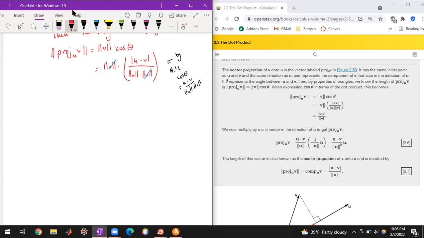And this tells us that the magnitude of the projection of V onto U is the absolute value of the dot product of the two vectors divided by the magnitude of U. So we can now multiply by a unit vector in the direction of U to get the projection of V onto U. So finally, projection of V onto U is equal to this expression times the unit vector in the direction of U.